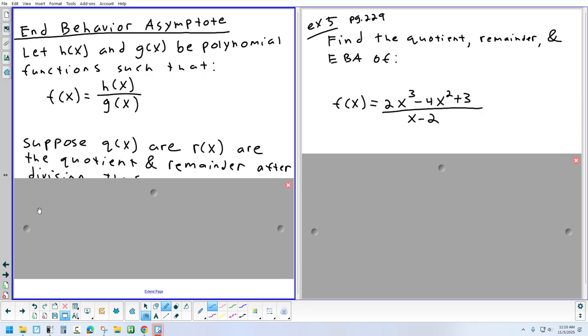I'm going to call the quotient Q of x, and I'll call the remainder R of x. We don't know if the quotient and remainder are just going to be a single number. It depends what you divide. You could get a quotient of like 5, or you could get a quotient of like x plus 7. You can have a variable in the quotient and in the remainder. But you're going to get a quotient and a remainder.